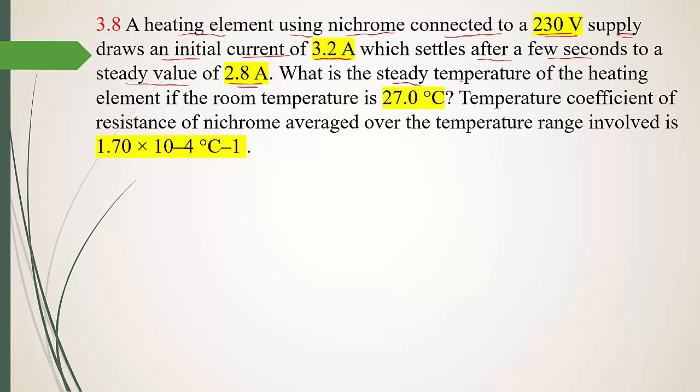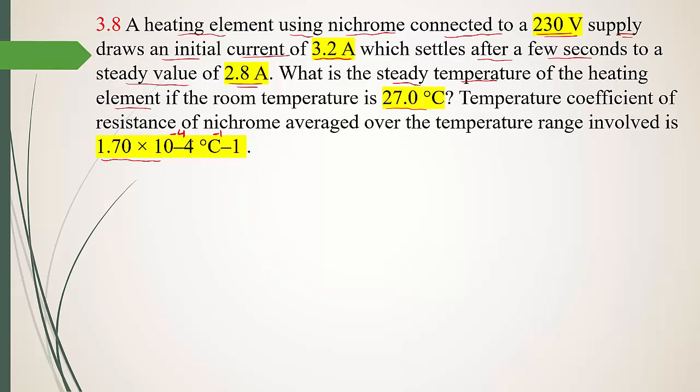What is the steady temperature of the heating element if the room temperature is 27 degrees Celsius? The temperature coefficient of resistance of nichrome averaged over the temperature range involved is 1.70 into 10 raised to minus 4 per degree Celsius.